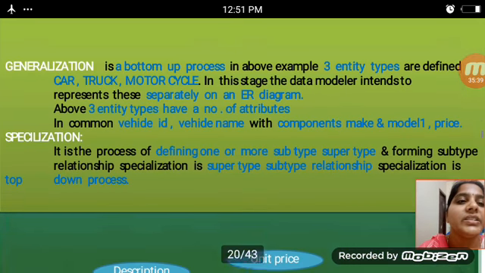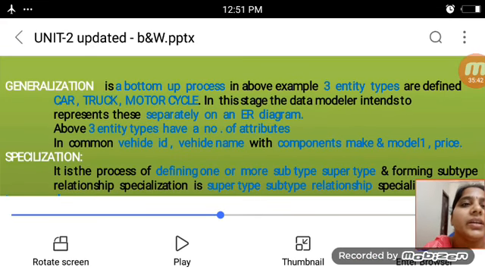Generalization is the bottom-up process. In the above example, three entity types are defined: car, truck, motorcycle. In this stage, the data modeler intends to represent these separately on an ER diagram. The above three entities have a number of attributes.